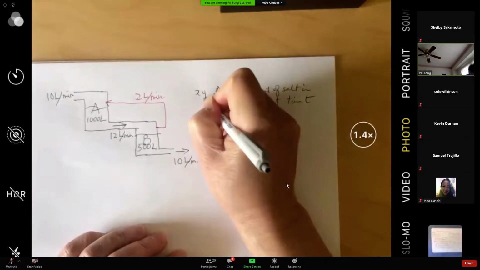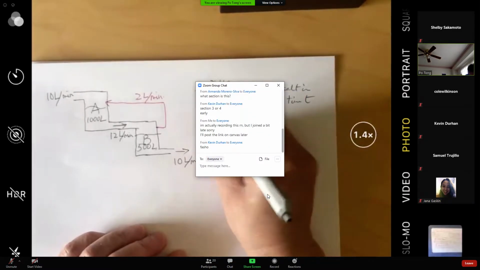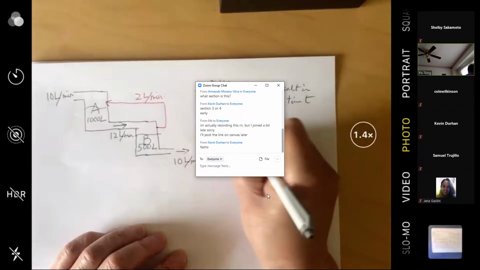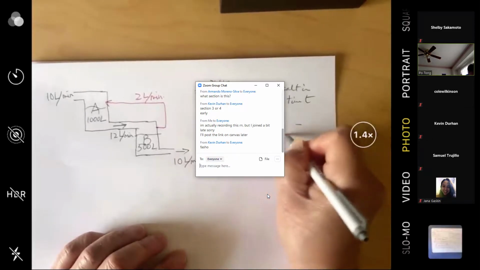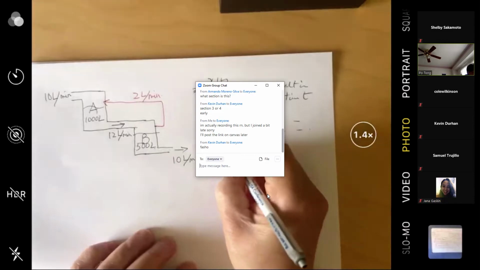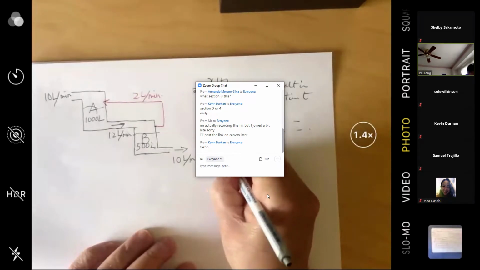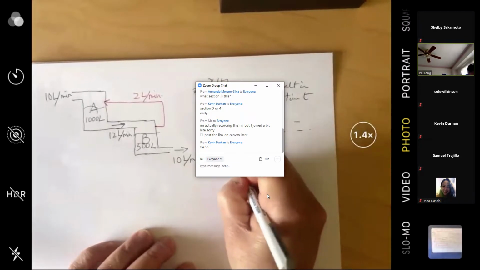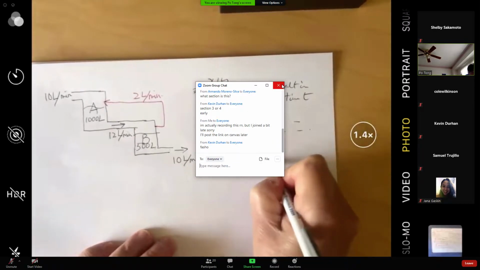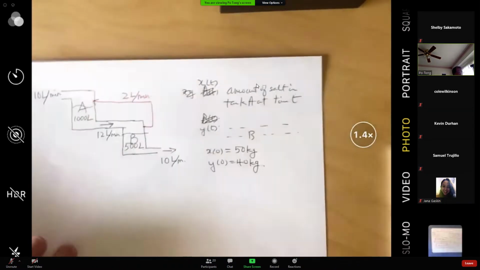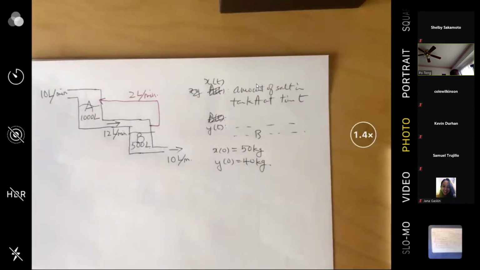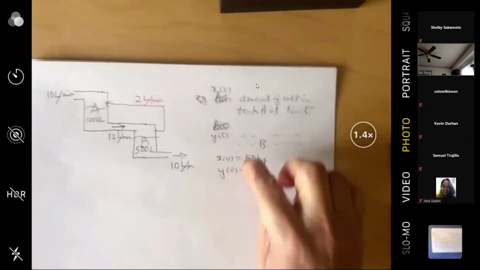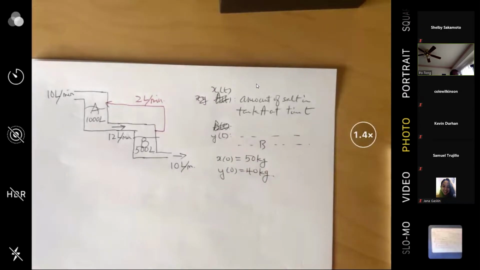I call this x(t), and this is y(t), the amount of salt in tank B at time t. And initially, I'm going to just make something up. You guys know what I'm doing? So now I have two functions of time, so what I'm going to set up is actually a system of equations.